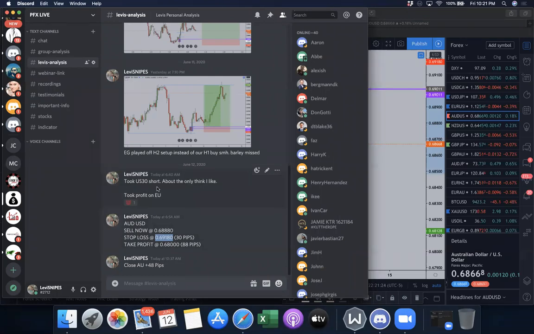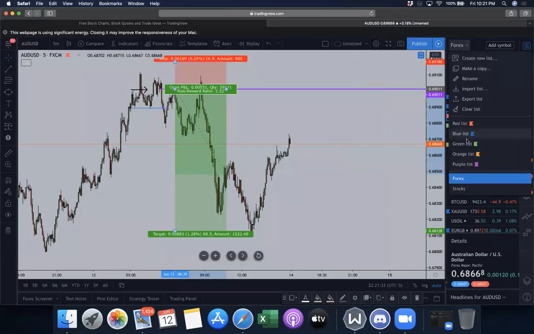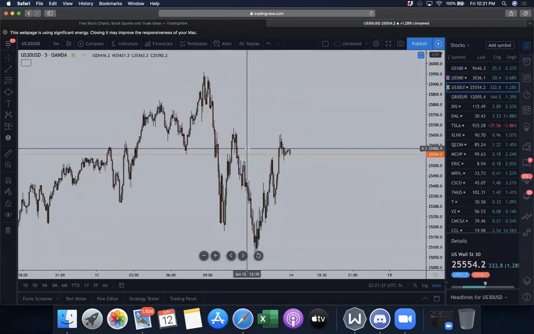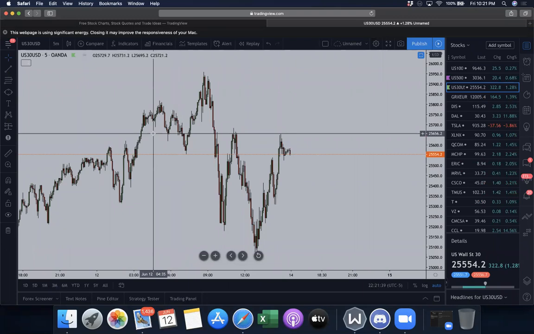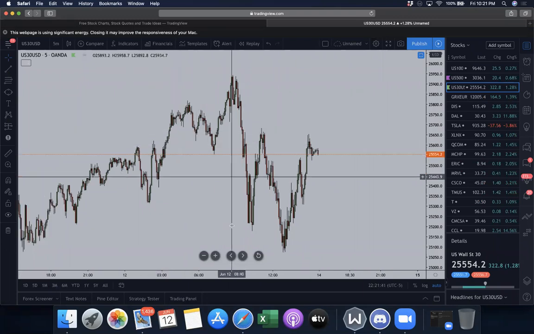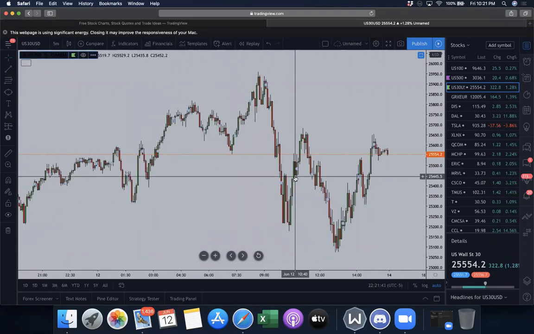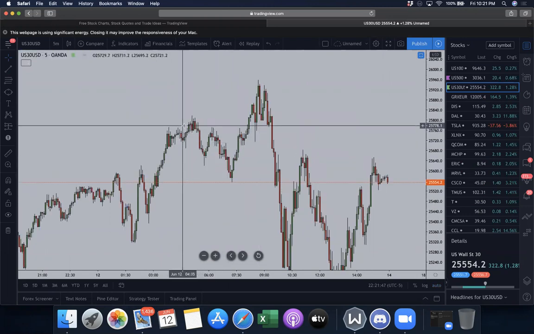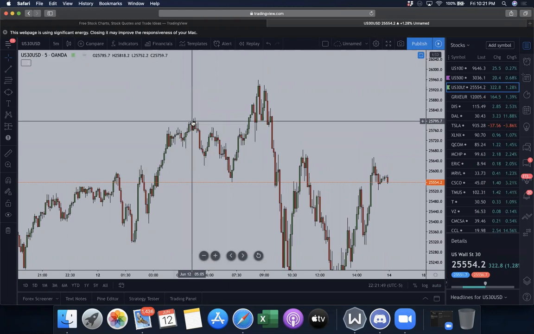US 30, I took a loss on. So you can see I said took US 30 short. And I'll show you what I was looking at here. It actually wicked my stop loss and then dropped really big, unfortunately. Well, I came back now, but okay, so I was looking at this right at about the same time. So I was looking at this right here, this down move.